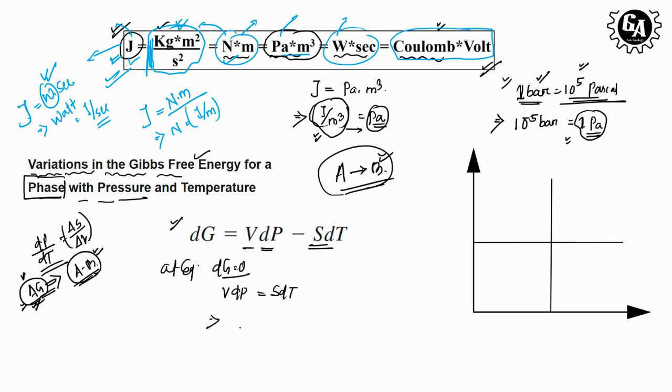From here we can calculate dP by dT is equal to S by V. Remember that we always write dP by dT is equal to del S by del V. This is your Clapeyron equation.